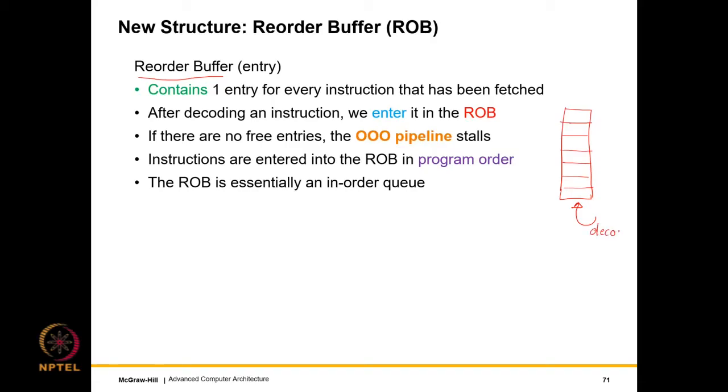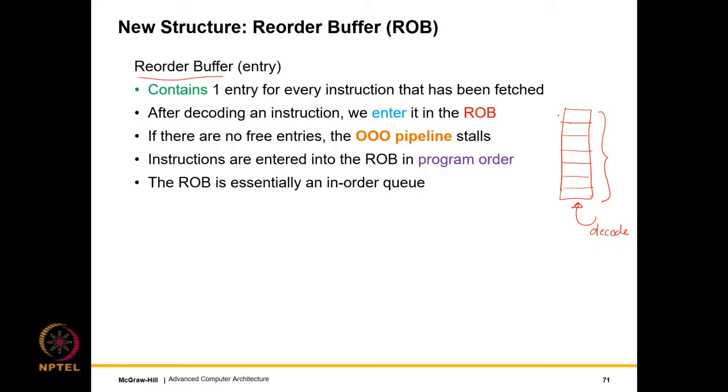If there are no free entries, which means that instructions are not able to leave the pipeline for some reason, we'll see what are the reasons later, then the ROB will become the bottleneck. The decode process will stall. This means that the fetch process will stall and the entire pipeline will stall.